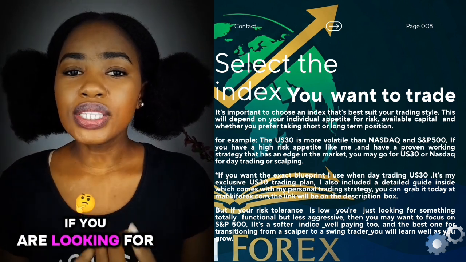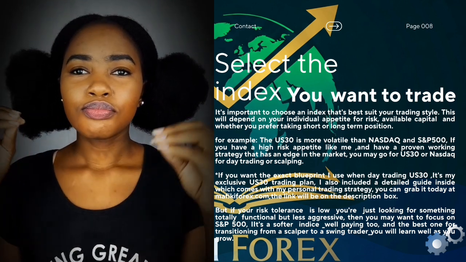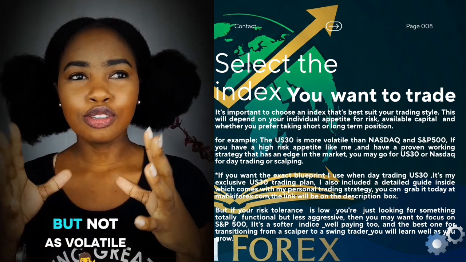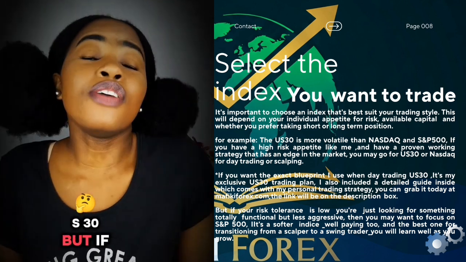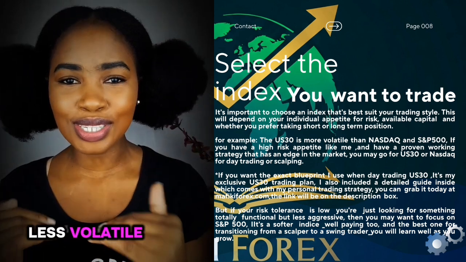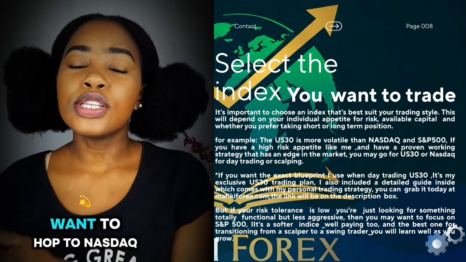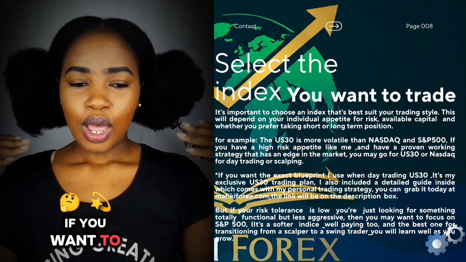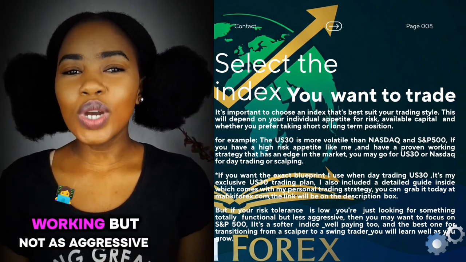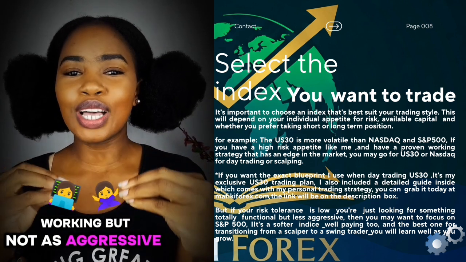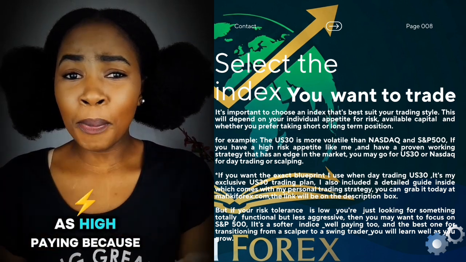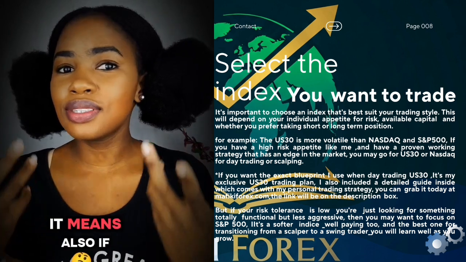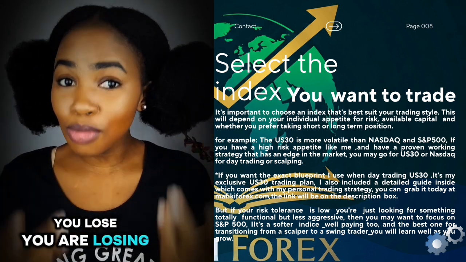But if you are looking for something like Nasdaq, it is also volatile, but not as volatile as US30. If you are looking for something less volatile, less aggressive, you may want to hop to Nasdaq. If you want to have something that is working but not as volatile, not as fast, not as high paying, because if you are making more money, it also means you can lose more money.